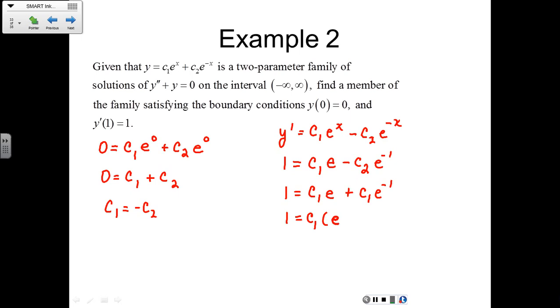Factor out the C1, you got e plus e to the minus 1. So C1 is equal to what? One over e plus e to the minus 1. And I don't want to make the decimal or anything like that because it's just a pain. Let's leave it in its exact form. What would C2 then equal?